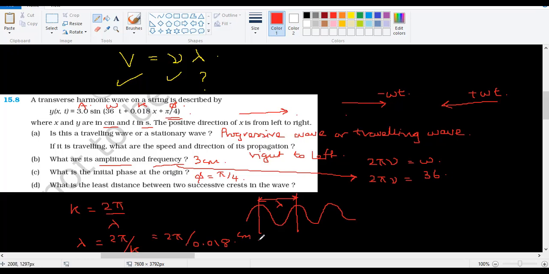Do the math and get the answer, this will be 6 point something. Now you can do the division.